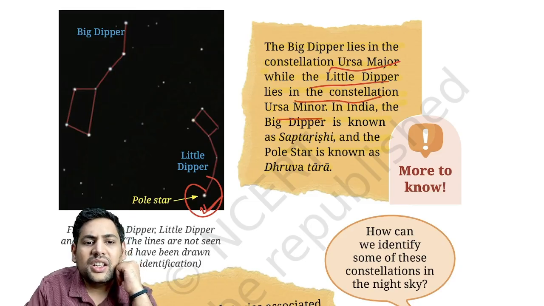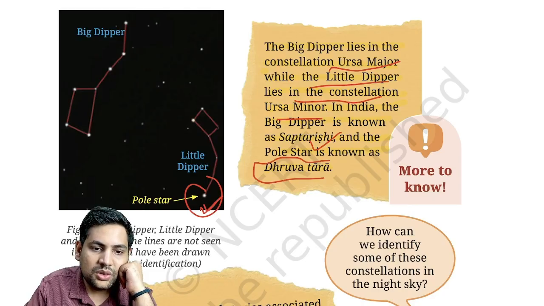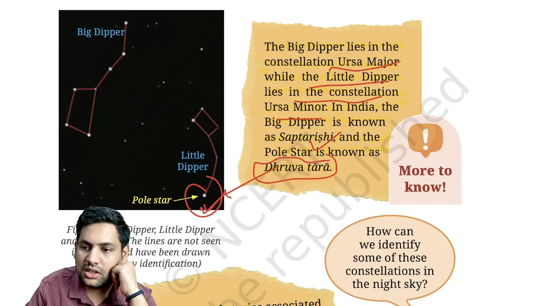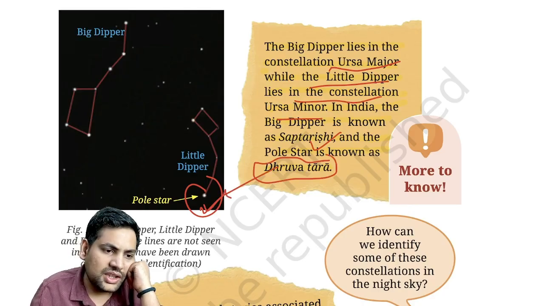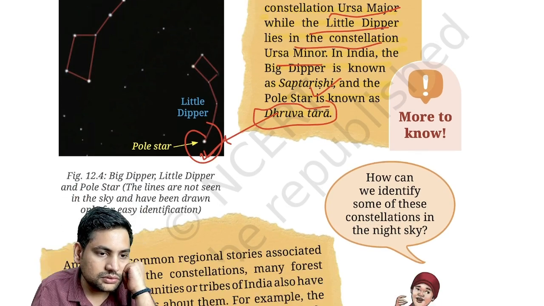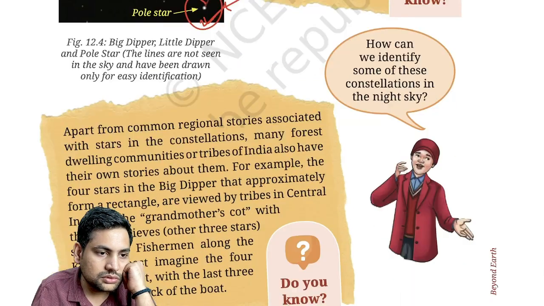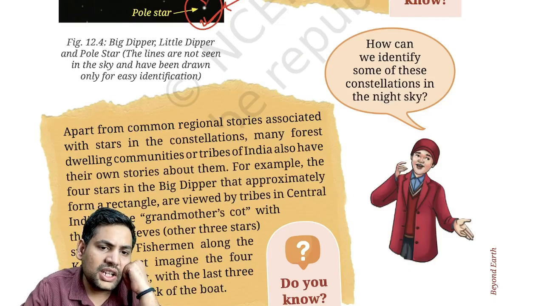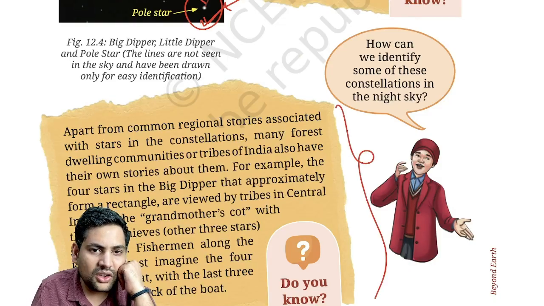Now, in India, the Big Dipper is known as Saptarishi. The pole star is known as Dhruv Tara by us. Correct? Then see, many forest-dwelling communities have some other stories, all that is given.